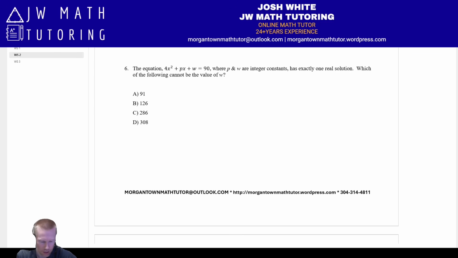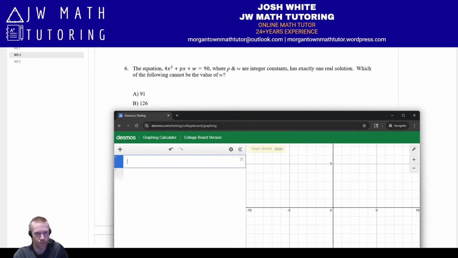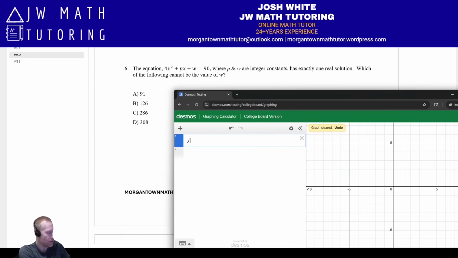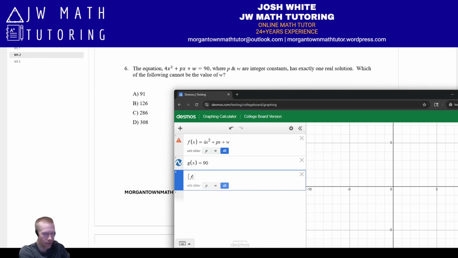What I thought was the quickest, fastest, easiest way is using the derivative approach, the derivative method. What that means is f of x equals the left side, g of x equals the right side, and then type in this whole long thing.